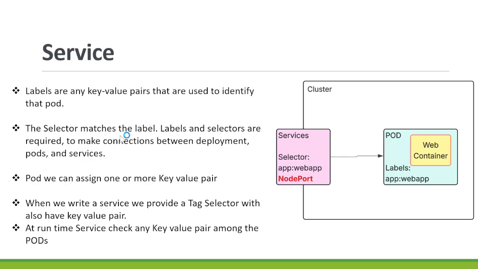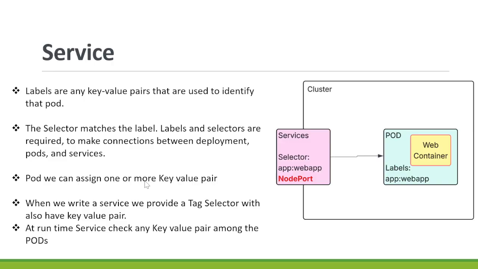The selector matches the labels I have given, and it makes the connection between the deployment, pod and service. The selector also has a key-value: my key should be app and the value should be web app. I can give multiple. This way, my service knows which pod it needs to connect to.